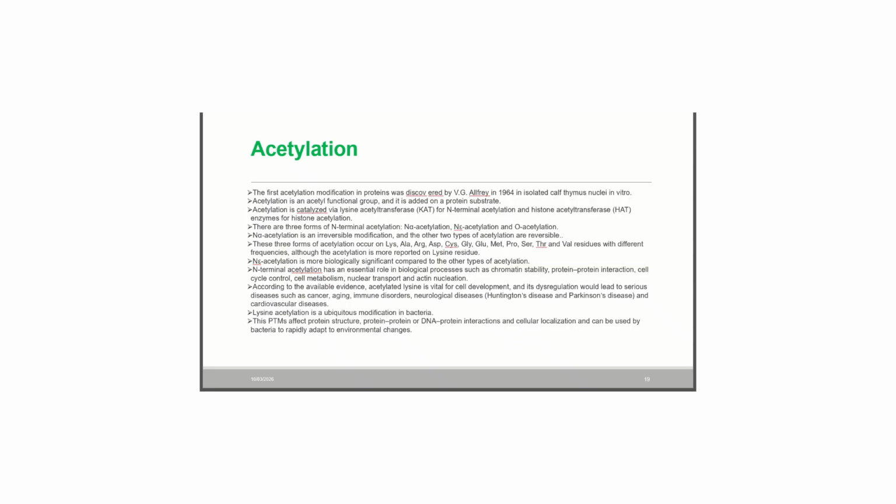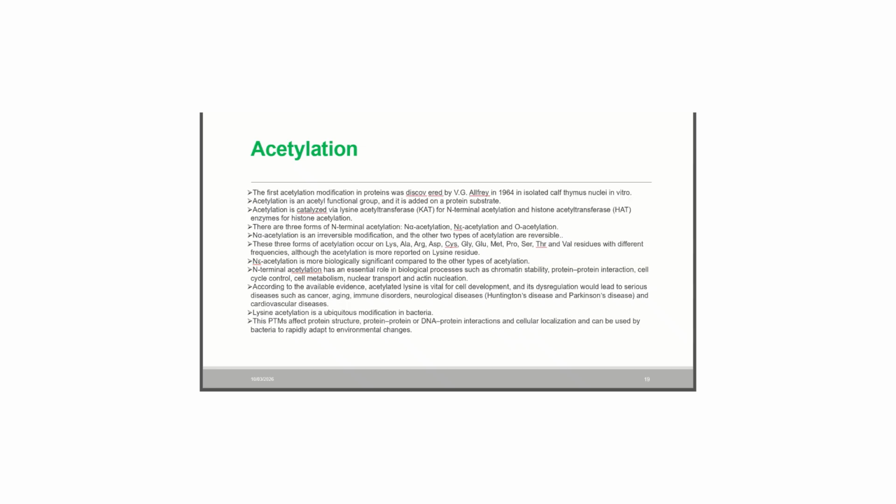Acetylation is catalyzed by lysine acetyltransferase, or KAT, for N-terminal acetylation, and histidine acetyltransferase enzyme for histidine acetylation. So from this, you can notice that there are two important signals for acetylation: the presence of lysine and the presence of histone in the amino acid peptide chain.